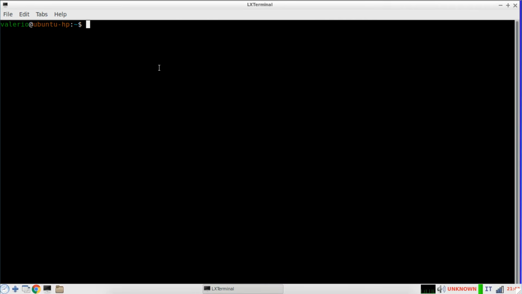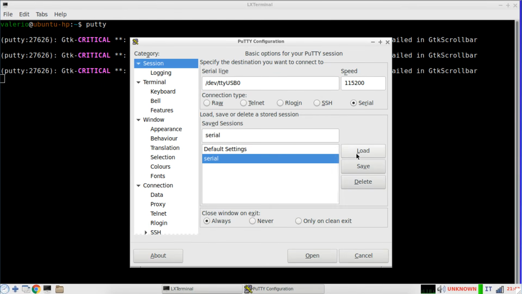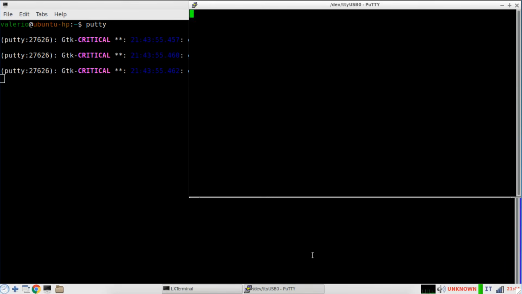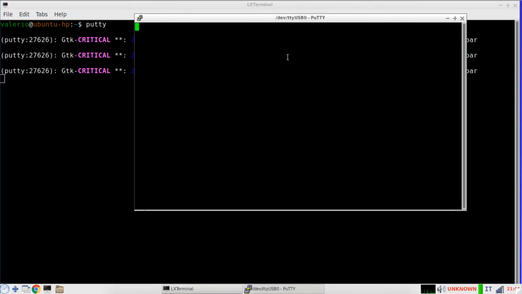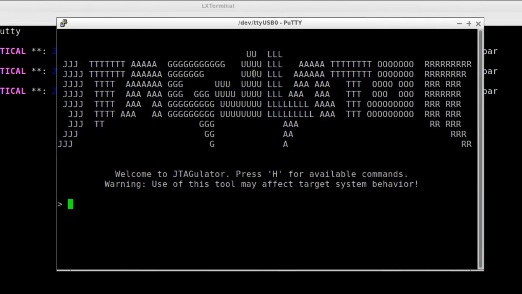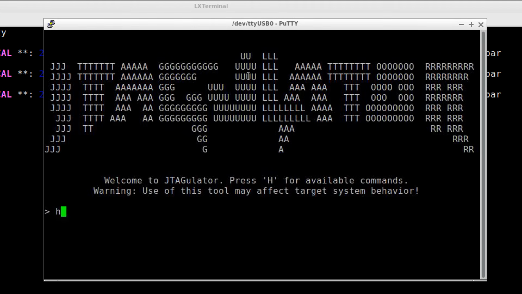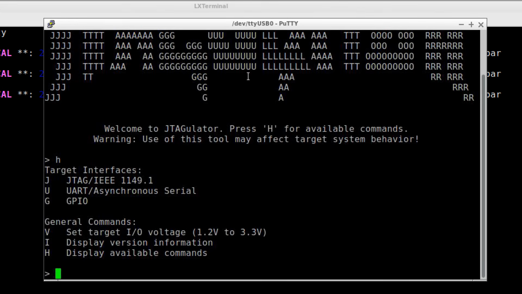In our Linux system, the serial device is ttyUSB0 and the speed is 115,200 bits per second. Once connected, we press Enter to be greeted by the Jtagulator. Then we type H for help to print available commands, and we can see that we have 3 types of commands.